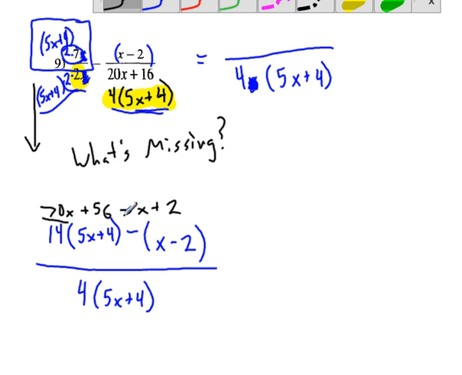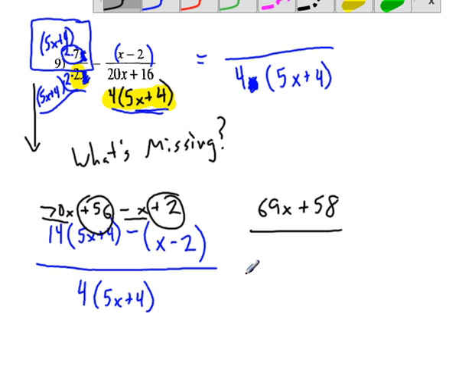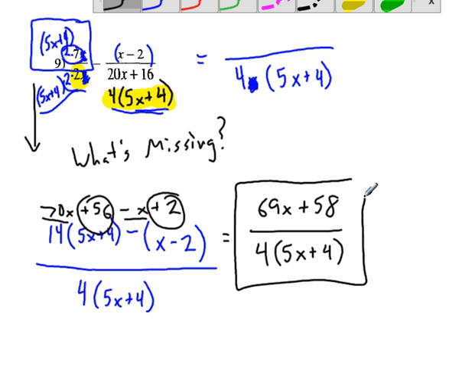What's 70 minus 1? 69x. 56 plus 2 is 58. And that is all going to be over 4 times 5x plus 4. Now, there are no common factors of 69 and 58. You can spend a lot of time looking through that, but you're actually finished at that point.